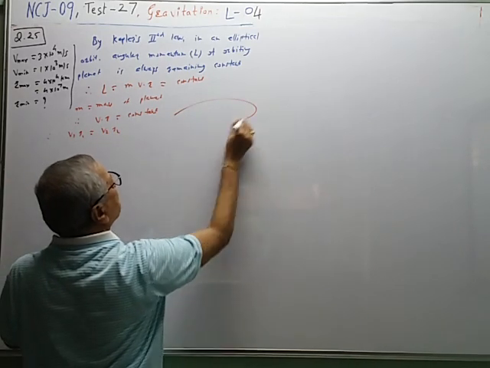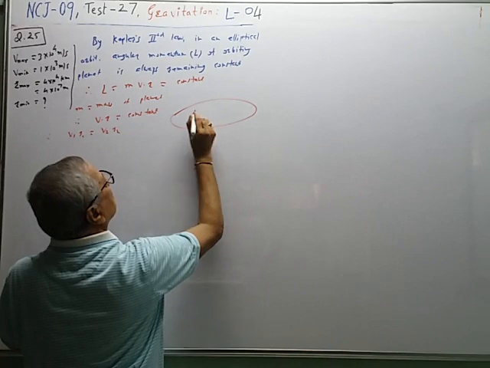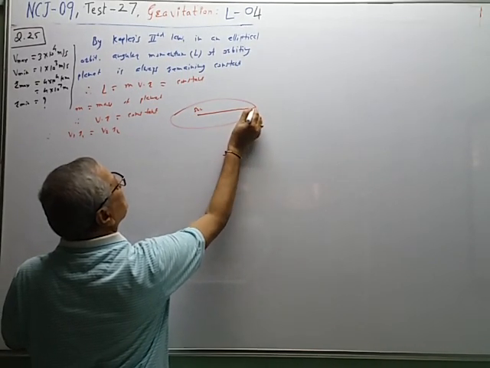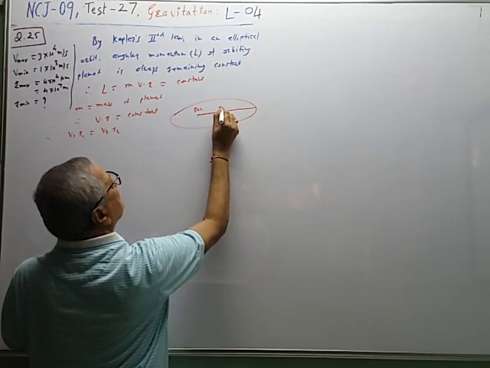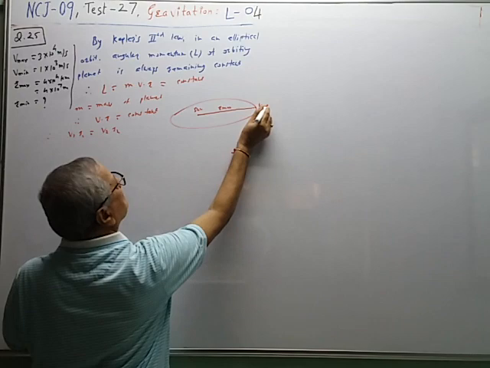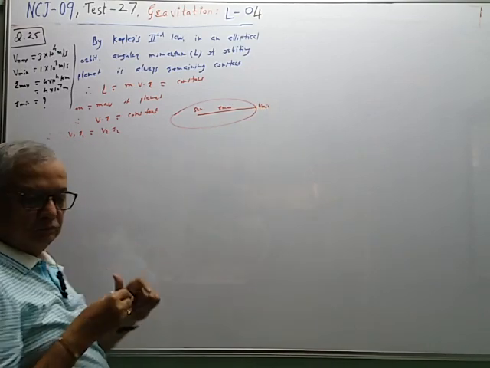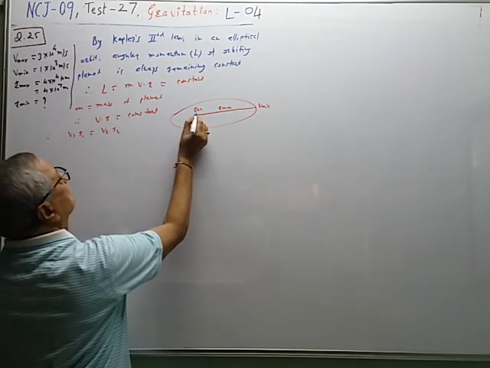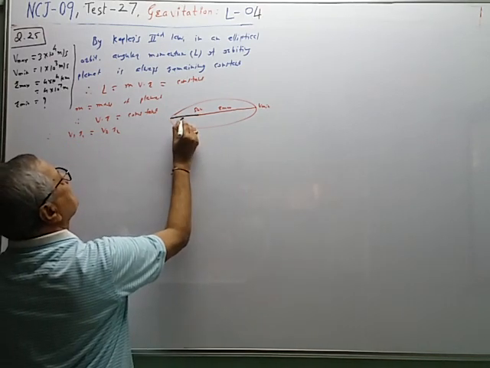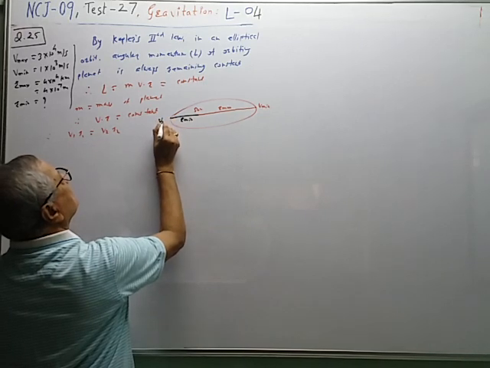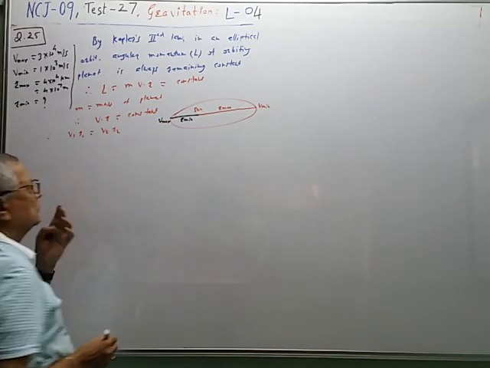So if this is the elliptical orbit, then this is the sun. So this is the Rmax. So at this point velocity is minimum. This is the R minimum. So here the velocity is maximum.